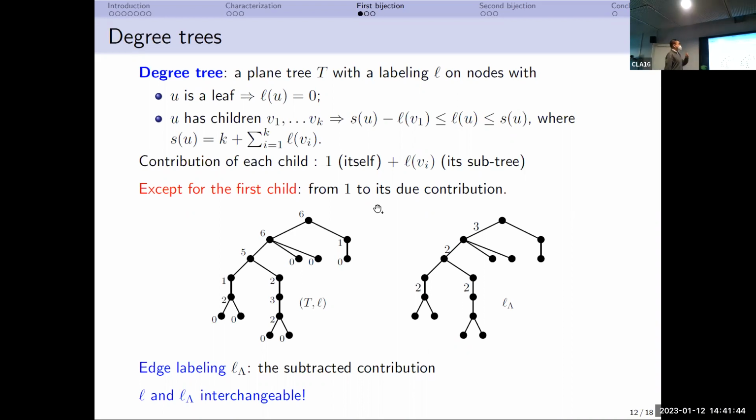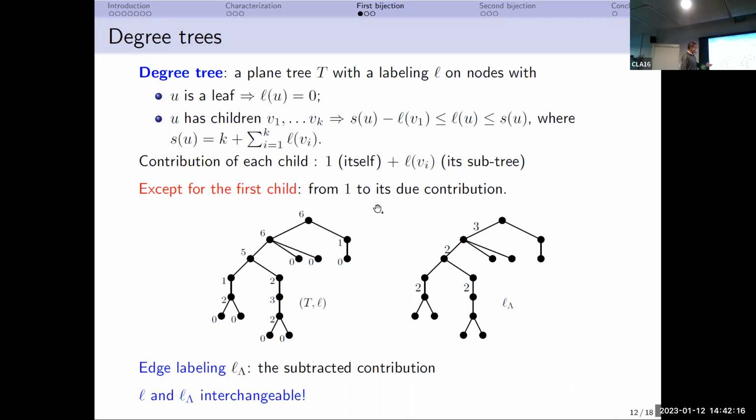Mostly like this, except that for the first child, its contribution can vary from 1 to its due contribution. So the maximum label for a node is the sum of the labels of its children plus the number of children. But we can take away some part of them, and the most we can take away is the label of the leftmost child.